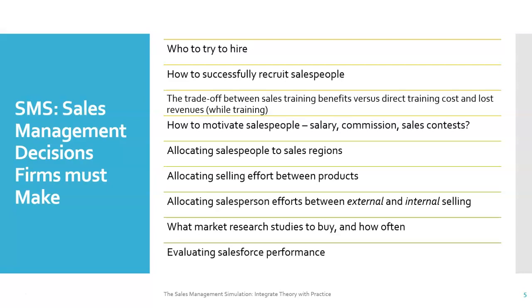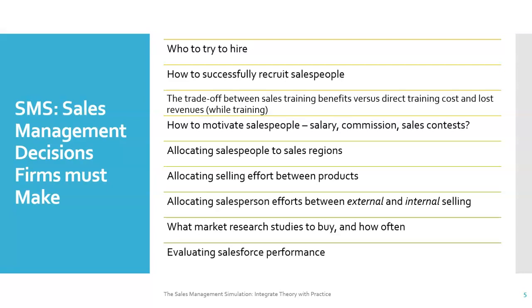Because you are going to determine all three of these things within your simulation: your salary for each person, the commission, and the salary is not homogeneous. It differs per person. You could make it homogeneous, but that's up to you.